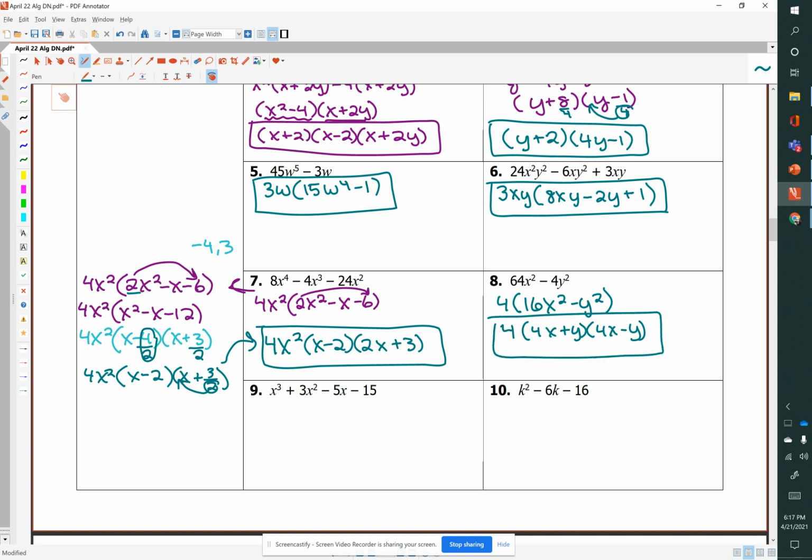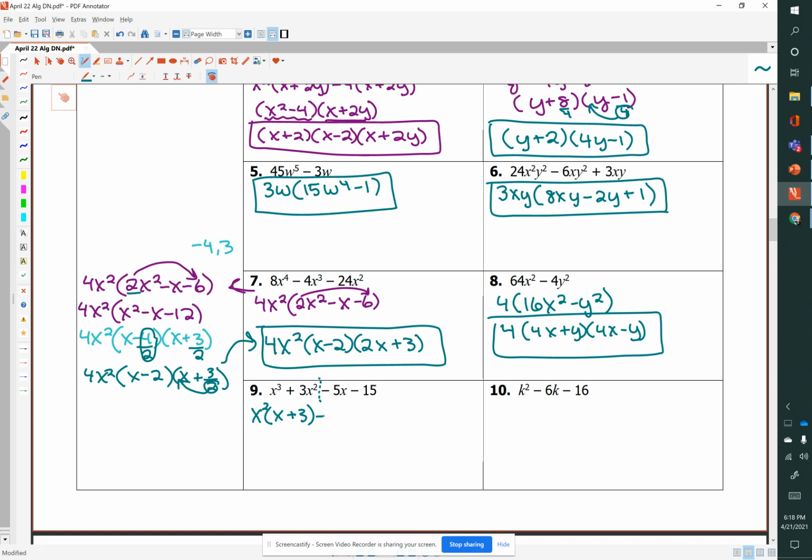And then number 9, we have 4 terms. So let's factor by grouping. First, we'll factor x squared out, which will leave us with x plus 3. Okay, so be aware, we've got that x plus 3. That's going to clue us into what we factor out with the second binomial, the negative 5x minus 15.